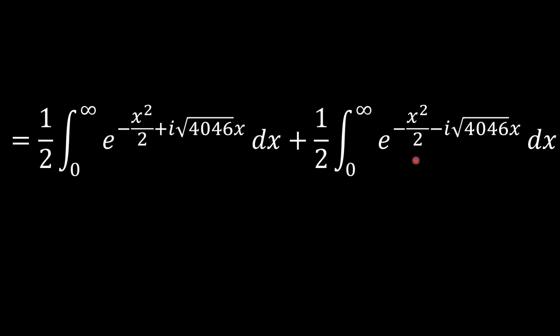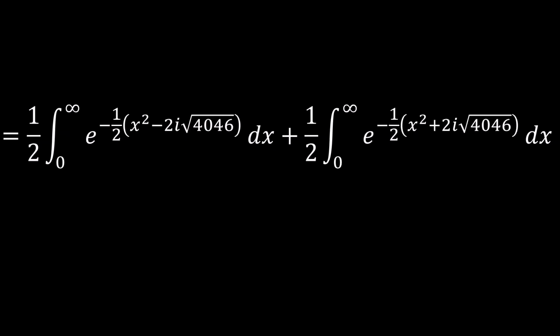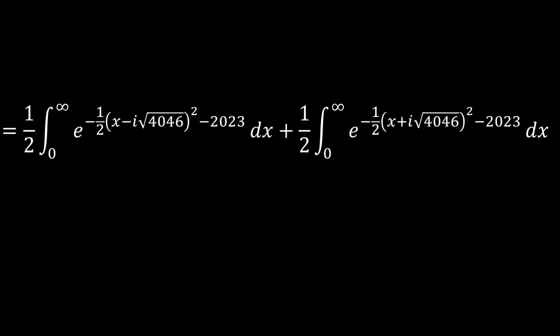So now we have two integrals, and somehow we see a polynomial taking shape in the exponent position of e. What do we do next? I would like to express this as a binomial expansion. First I pulled out the negative half on both integrals.